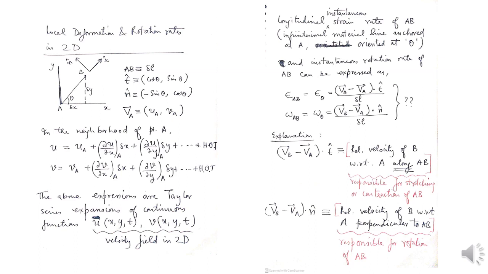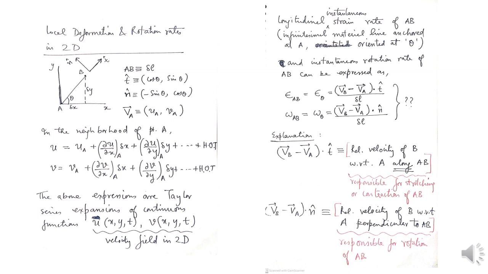In the neighborhood of point A, neighborhood meaning any amount of displacement in any direction that you may desire from point A, if you displace delta x and delta y from A, then you can express the velocity using Taylor series expansions.